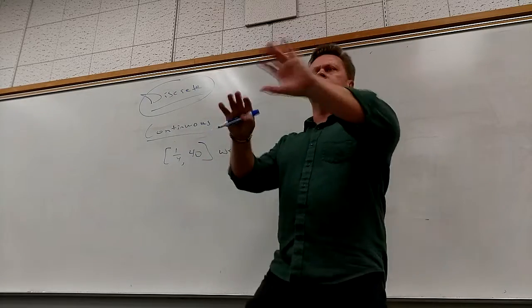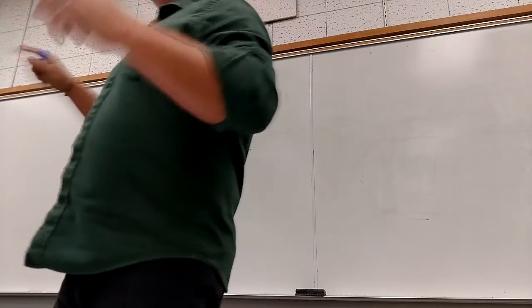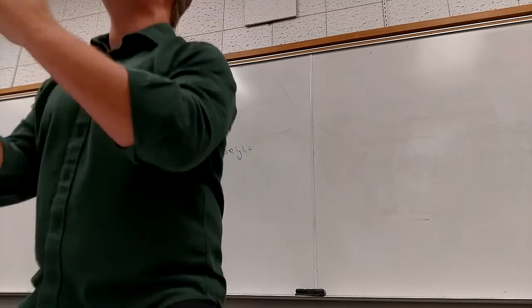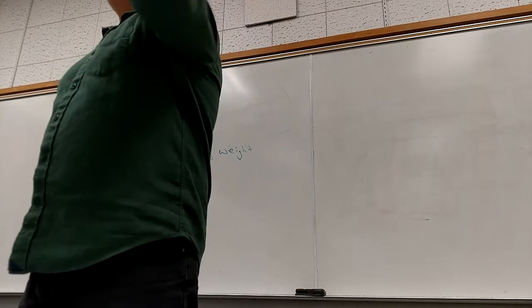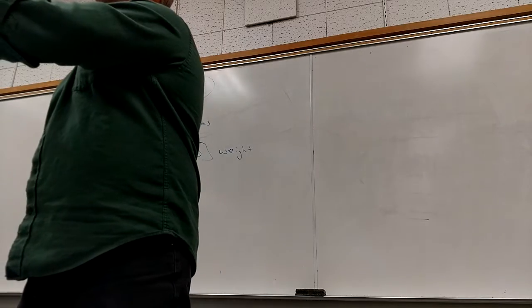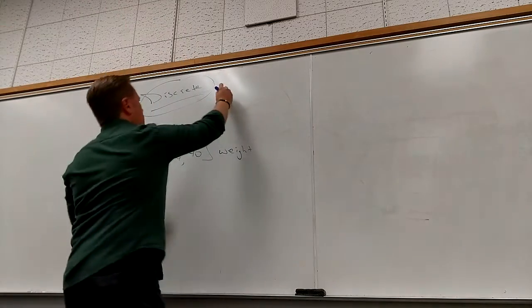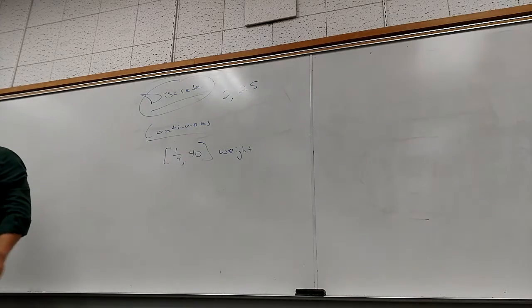Now, are there any cars or trucks that have what's called a half a door? Does that make it discrete just because it has a decimal? No. Because you still would be able to say, I got 2 doors, 2.5 doors, 3 doors. Am I skipping values? How many values are between 2 and 2.5? There you go.